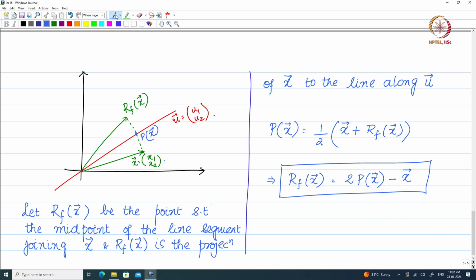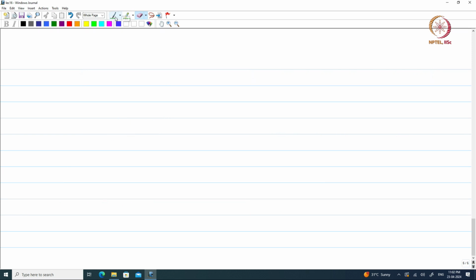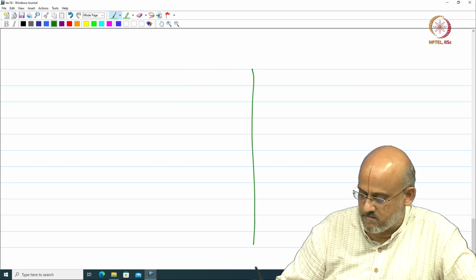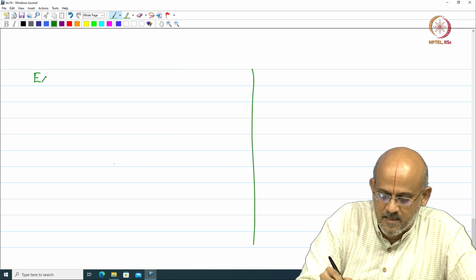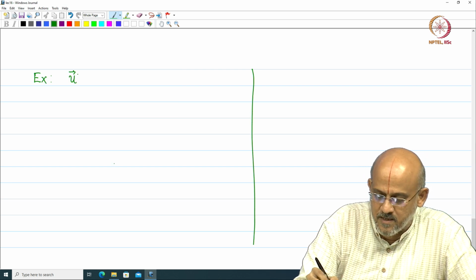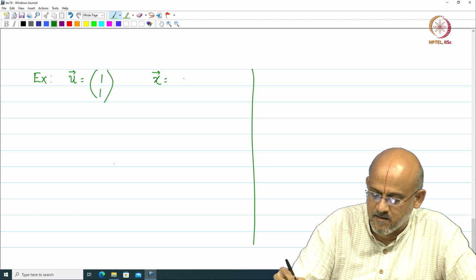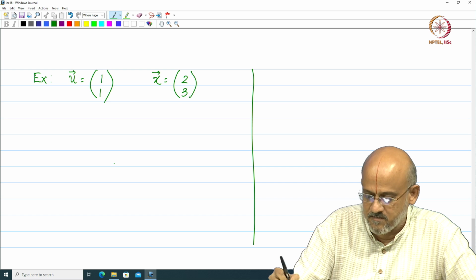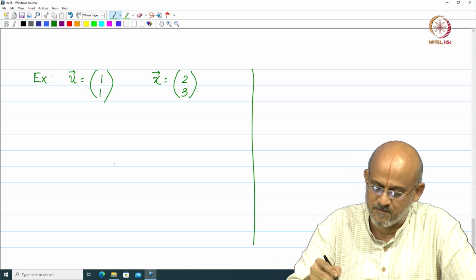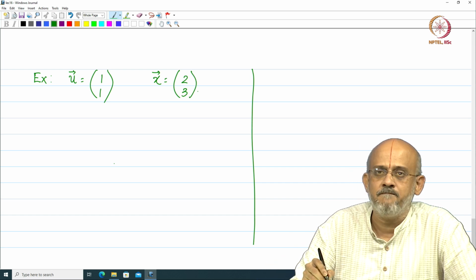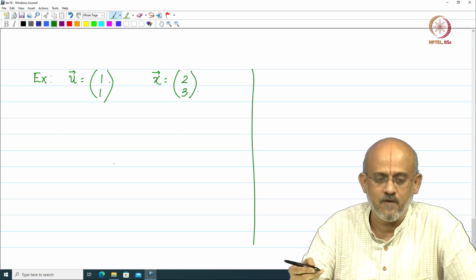For example, let us consider u to be the vector 1 1 and let us take x to be the vector 2 3. The point 2 3, I want to look at the reflection of this point about the line passing through the origin and in the direction of 1 1.